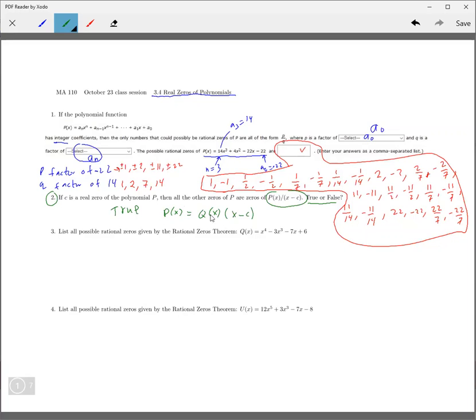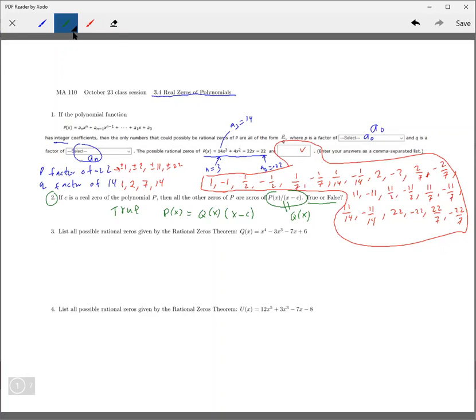If you're able to write this in completely factored form, then you can pick off all the zeros from that. This part right here is your Q of x. If you bring this over to the bottom, you divide both sides by this, you get P of x over x minus c equal to Q of x, and then all the remaining zeros are precisely the zeros of Q of x.